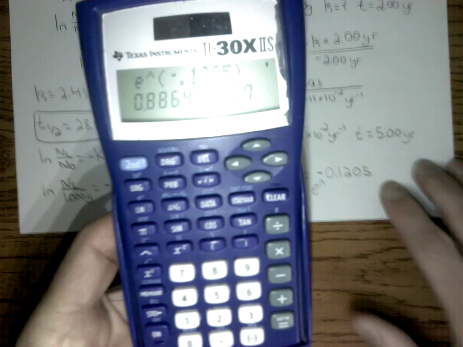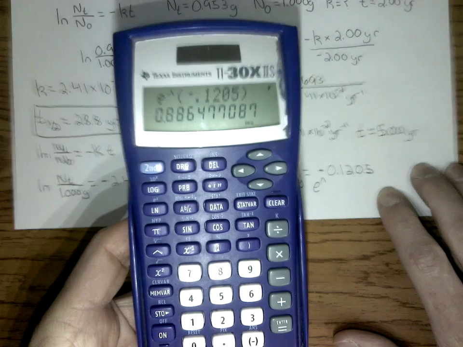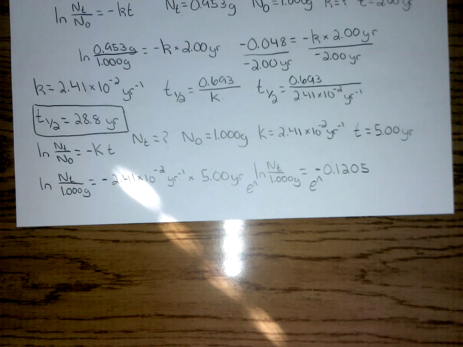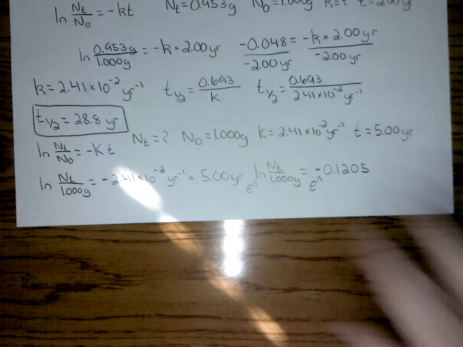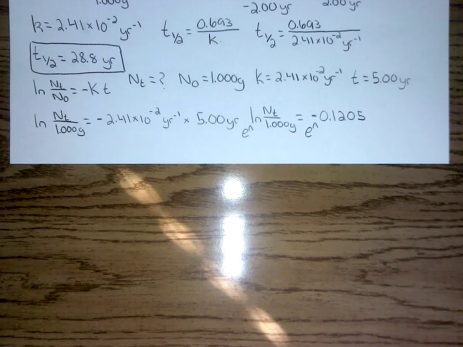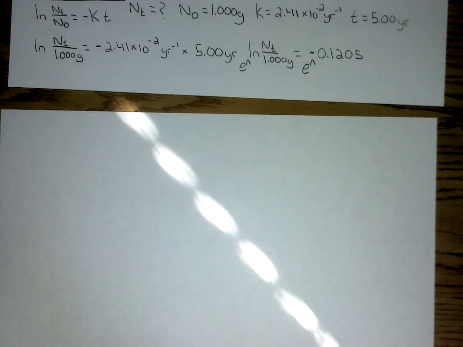Now, I'm running out of room. I don't want to squish this business in here, so I'm going to grab another sheet of paper and we can continue on with this process. All right. So again, hope my paper doesn't fall off the edge of the table. But I'm going to continue with this process.